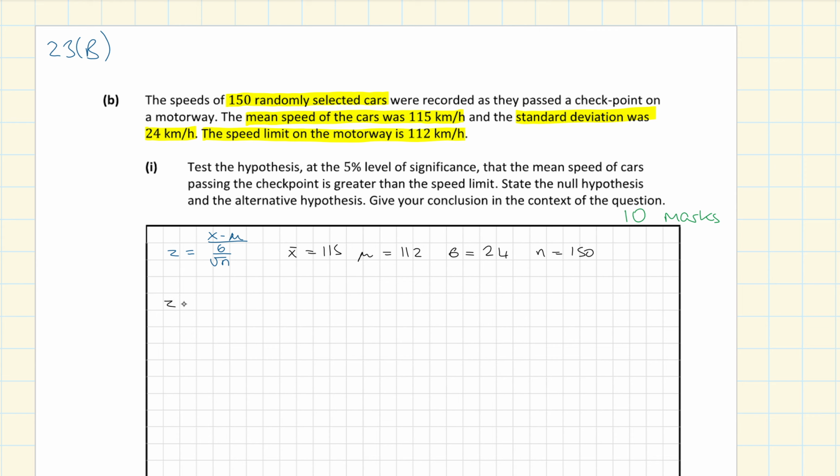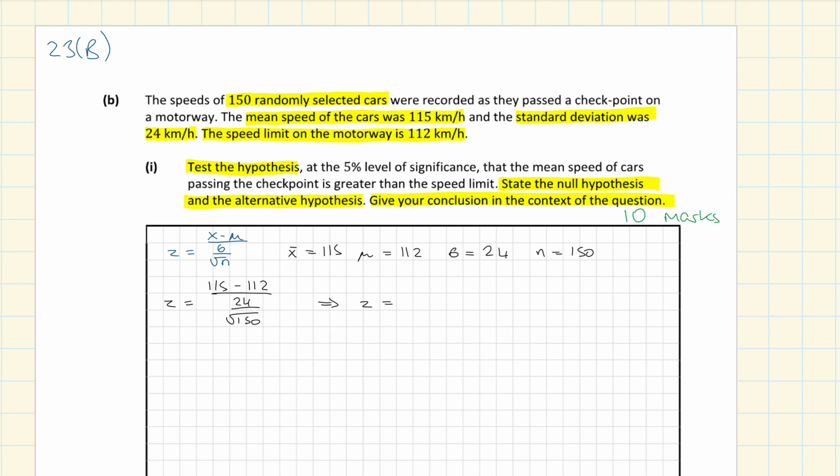So we calculate our test statistic. It'll be 115 minus 112 over 24 divided by root 150 into your calculator. You can put it in all as one, no need to simplify.